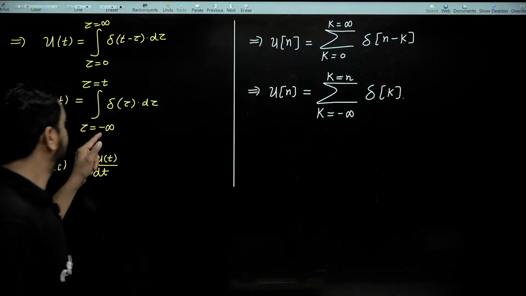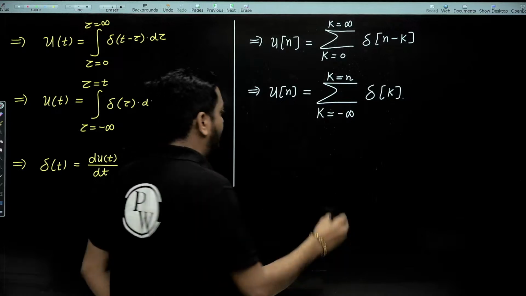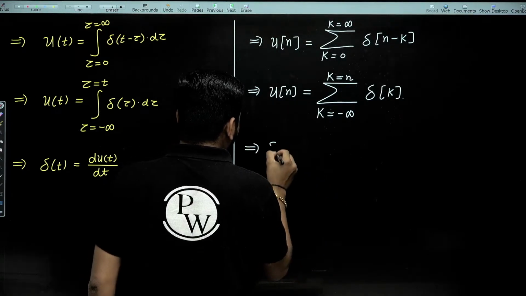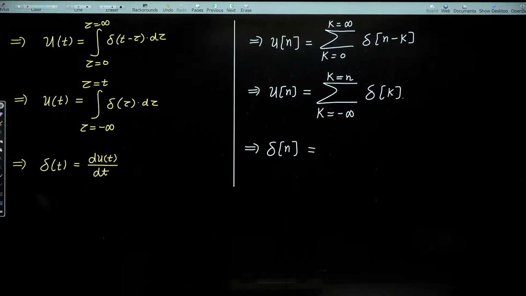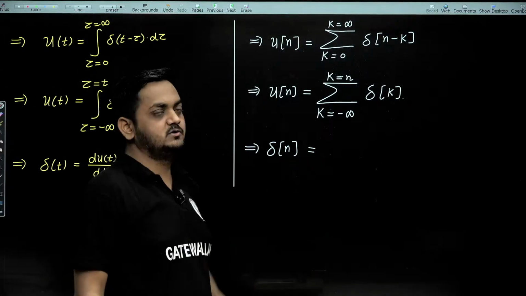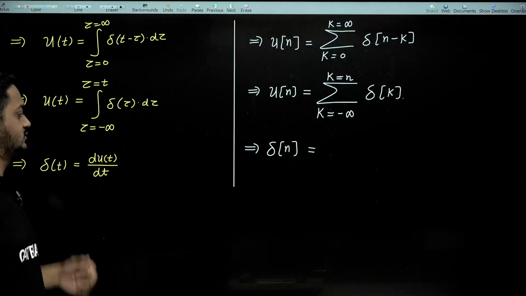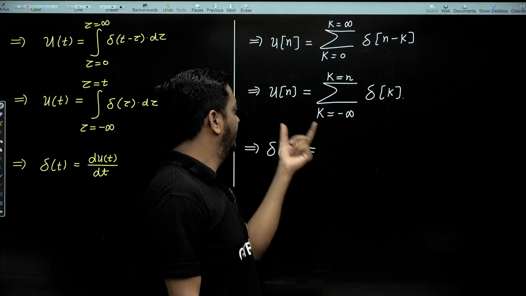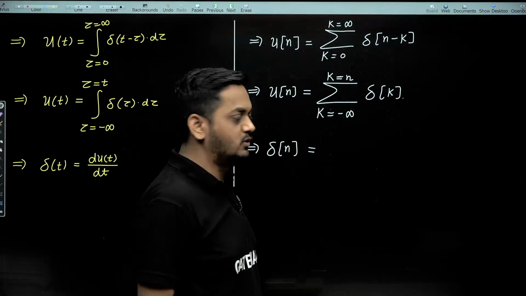And this δ(n) is the differentiation of u(t), so here it is the first difference of u(n). The first order differentiation of u(t) becomes the first difference of u(n).